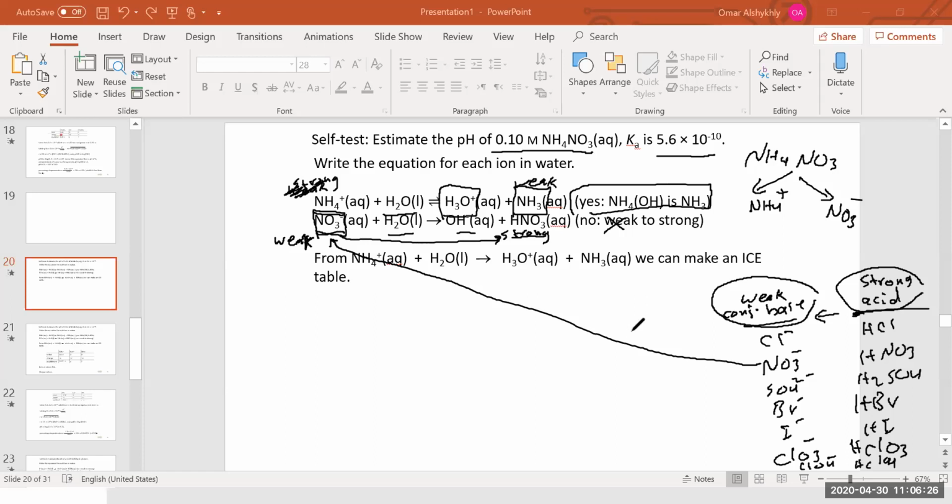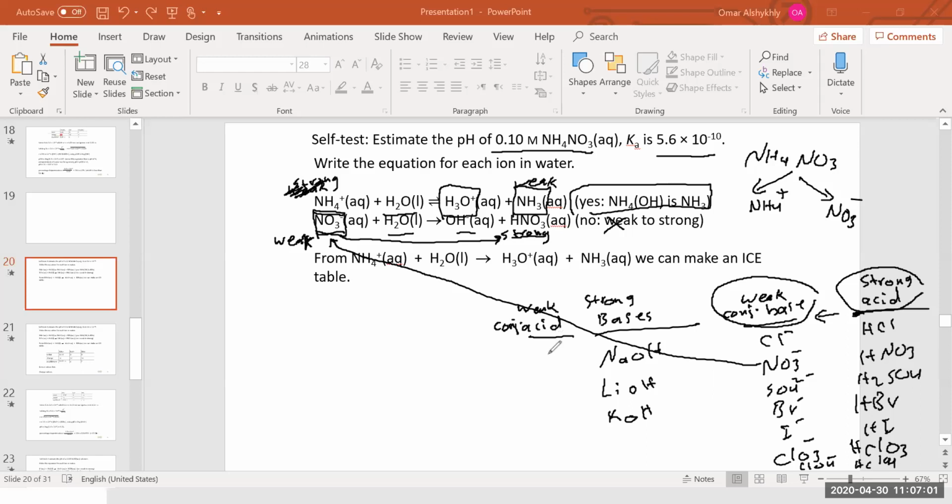For bases, also, for example, strong bases: NaOH, LiOH, KOH, they are strong. And these give you weak conjugate acids.